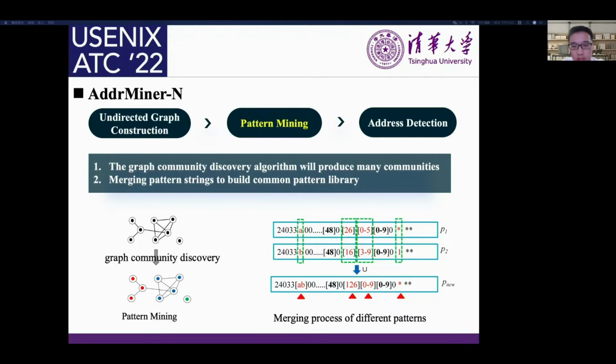After getting the communities, we merge the patterns of the nodes contained in the community to extract the common pattern of the community. To make the pattern contain more seeds, we adopt the union method to get the pattern. The right figure shows the merging process of different patterns.